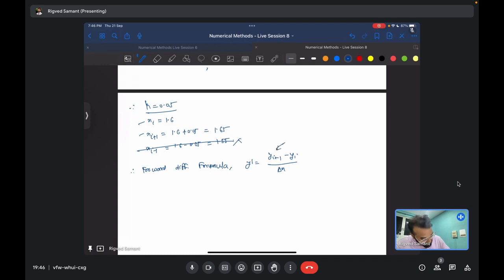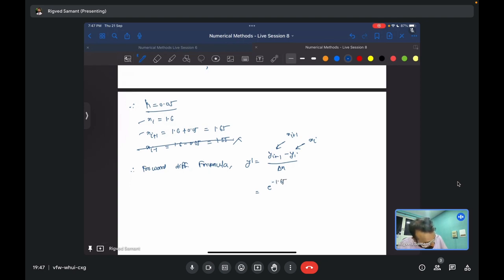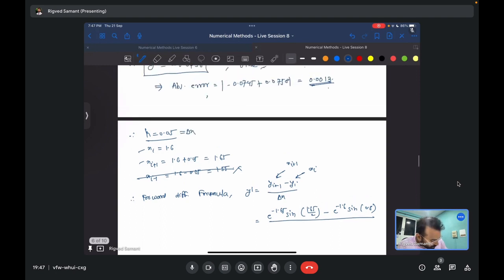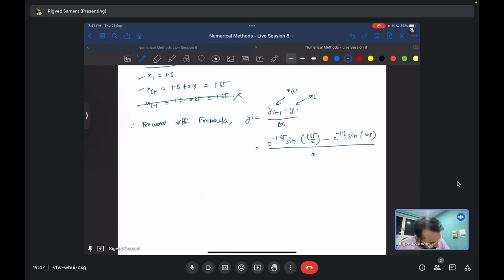So this will be given by xi plus 1, this will be given by xi. So e raised to minus 1.65 sin of 1.65 divided by 2 minus e raised to minus 1.6 sin of 1.6 divided by 2, divided by delta x. Delta x is nothing but h, that is 0.05.